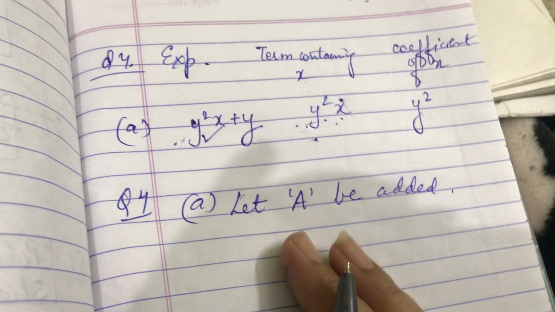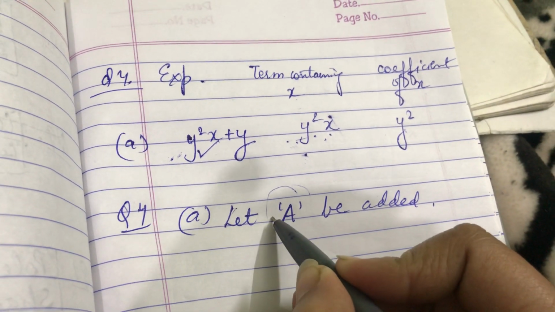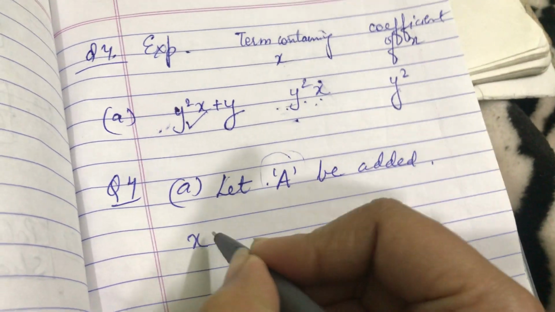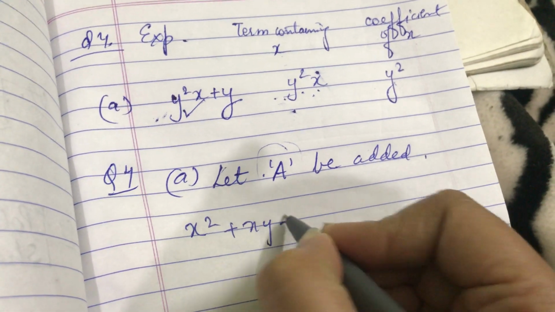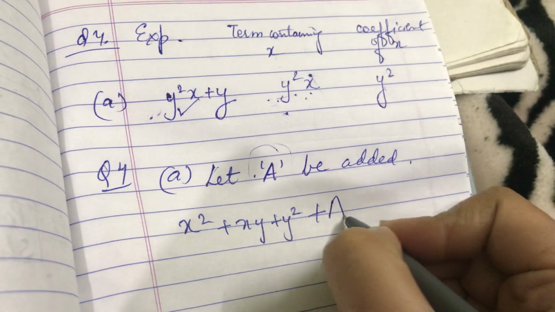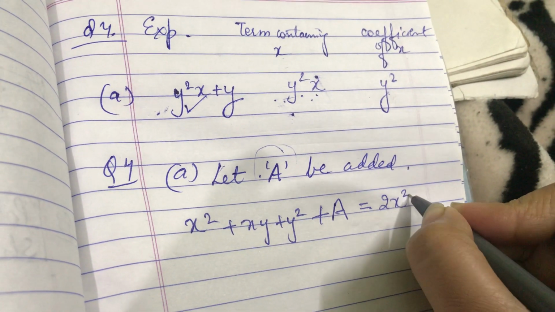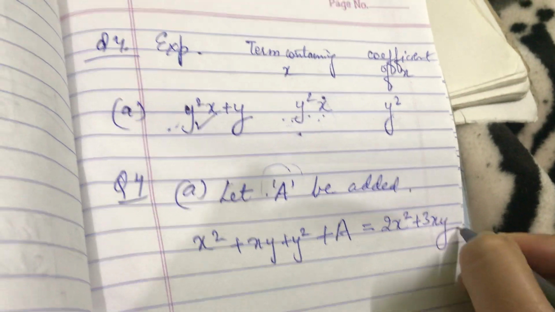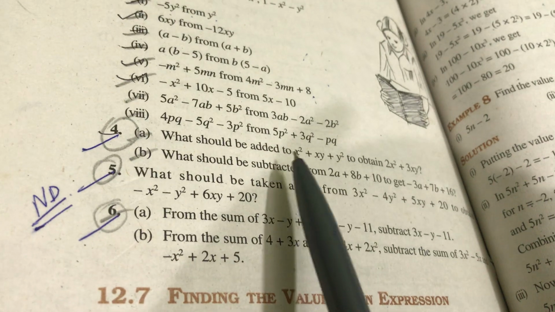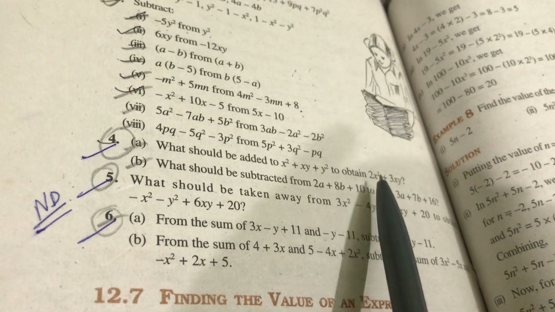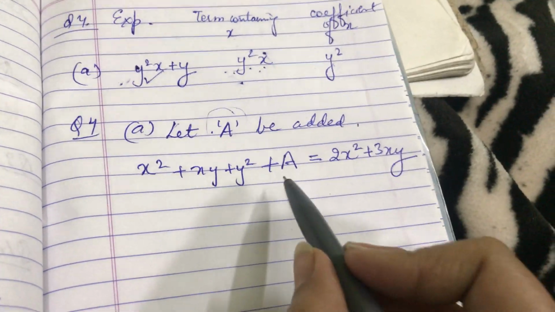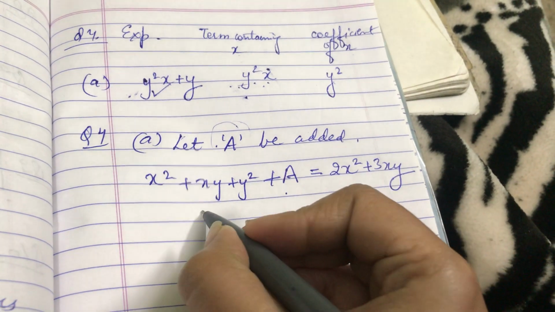Suppose we are adding this expression a. Where will this a be added? It will be added to this expression which is already given. Add a to it, and you will get 2x square plus 3xy. This is what they are saying: add something into this so that you can obtain this expression. So we have added a. Now we have to find the value of this a.